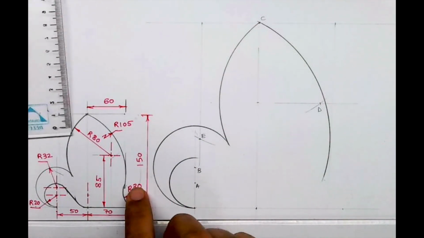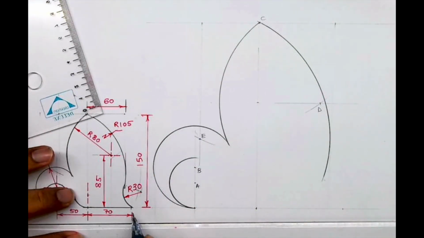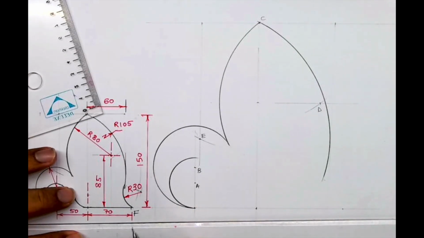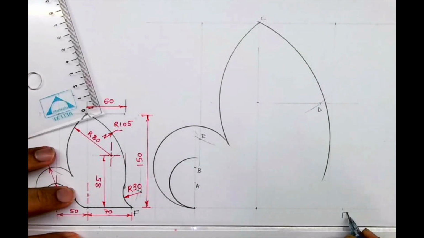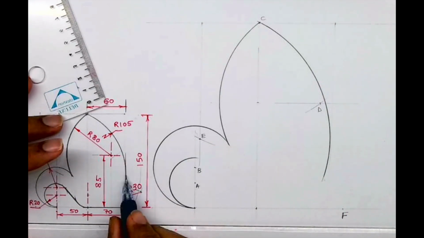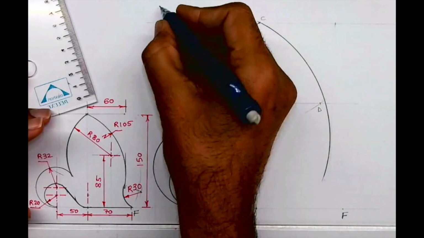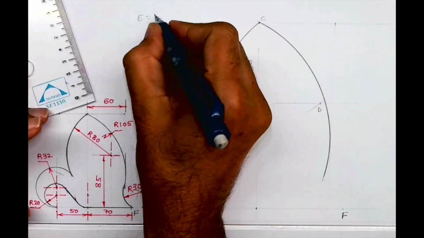Okay, now we need to draw this radius 30. If you see the radius 30, so let's say this is point F. So from F it is 30 away. So from F we need to cut radius 30, and it is external to this radius 105. So from E we'll cut 105 plus 30.